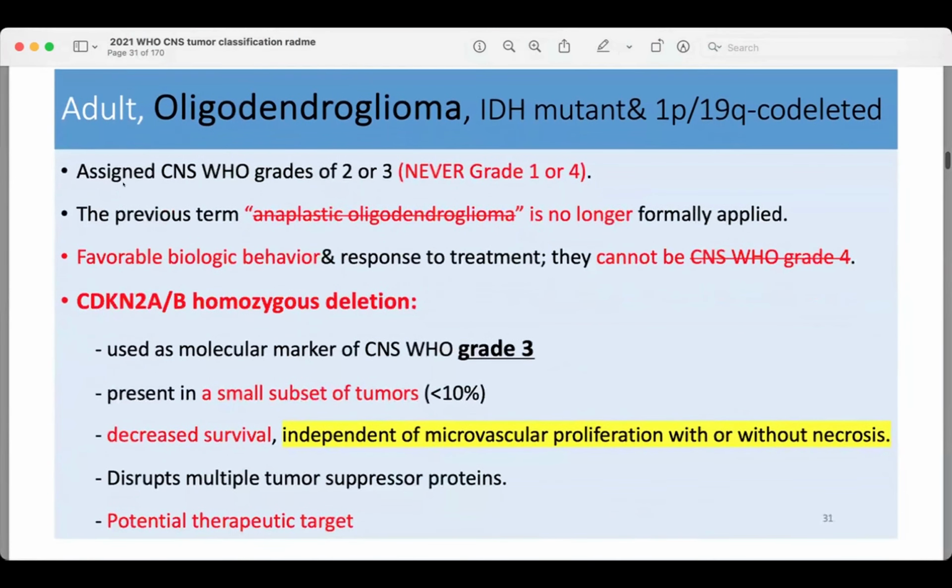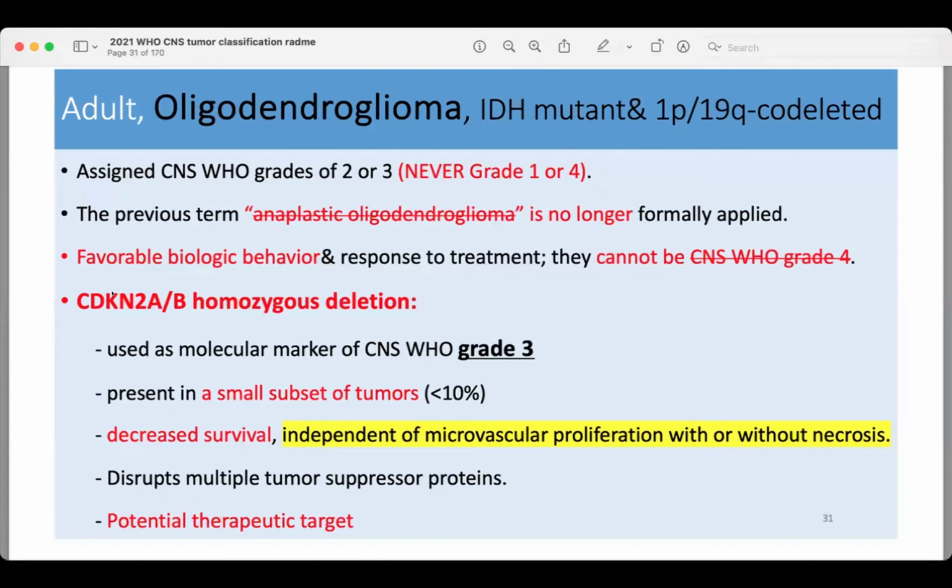The oligodendrogliomas have only two grades, grade 2 and grade 3, never grade 4. The previous term anaplastic oligodendroglioma is no longer applied now because there is no grade 4.